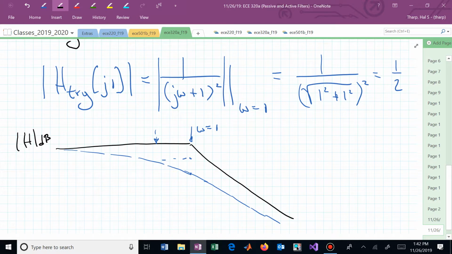Combine them so that I have this factor 1 over s plus 1 squared. I hope I've convinced you that that's not going to work if you're trying to maintain a 3 dB frequency or your cutoff frequency at 1 radian per second. We're going to have to be more creative.